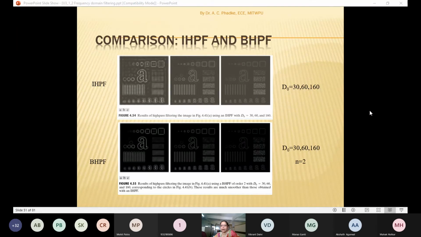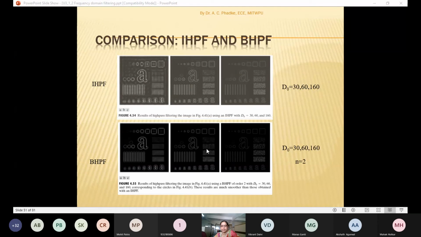But because of the ideal high pass filter, there is a sharp transition between stop band and pass band, and it gives you a ringing effect. So if you observe this, your letter A is sharpened, but at the same time you are observing concentric dark and bright rings surrounding the letter A. This is because of the ringing effect of the ideal high pass filter.